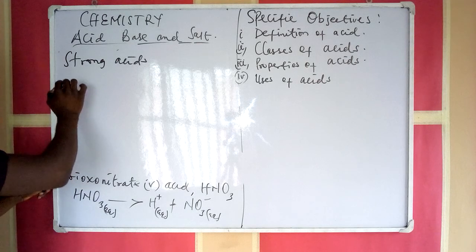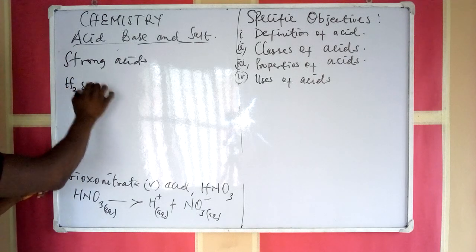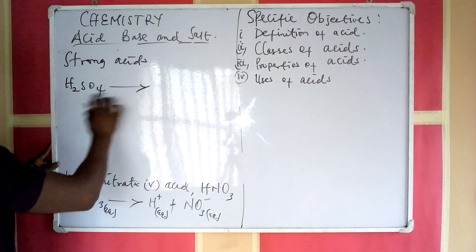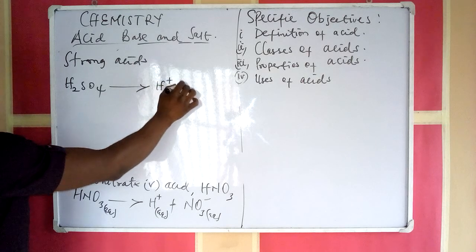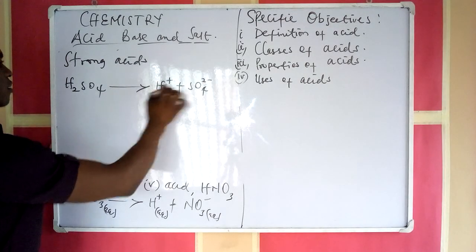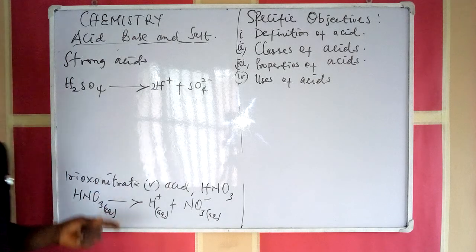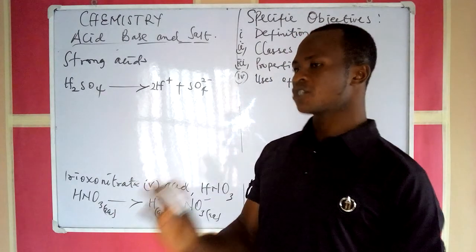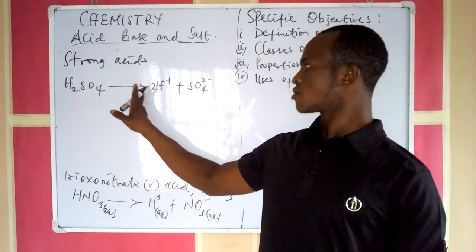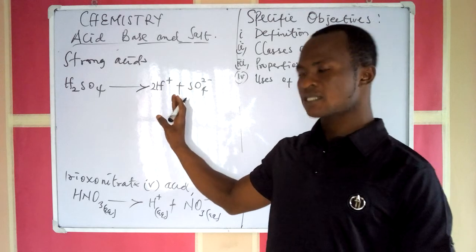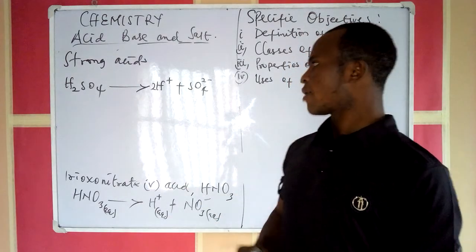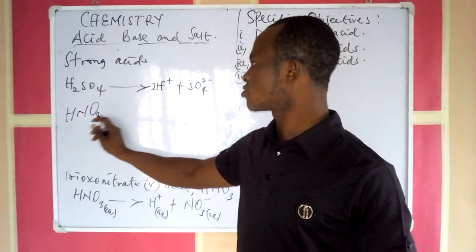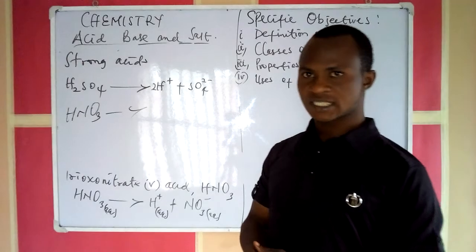Examples of strong acids include H2SO4, which is tetraoxosulfate 6 acid. It ionizes completely in water to produce hydrogen ion as the only positive ion. What shows you that it ionized completely in water? If you check this arrow here, you see that we just have 1 arrow facing the right side of the equation. Now let us look at another example. HNO3 is also a strong acid.